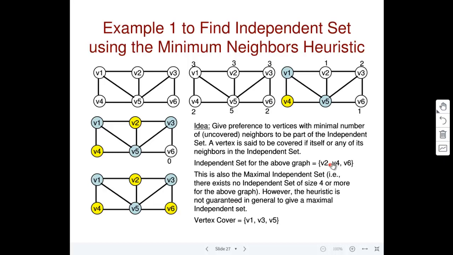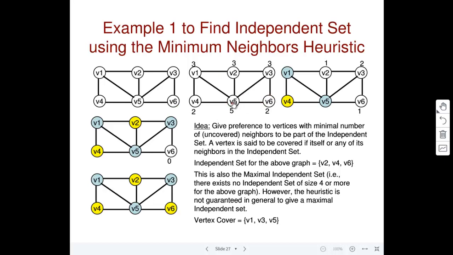for the heuristic. So given these 6 vertices, we can think about which vertex should be preferred for inclusion in the maximal independent set. If you look at the degree, which is the number of neighbors of a vertex, for V1 it is 3 neighbors, V2 it is 3 neighbors, V5 it is 5 neighbors because it has an edge to all the other 5 vertices, V6 has 2 neighbors and so on.